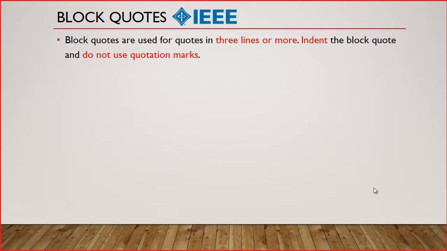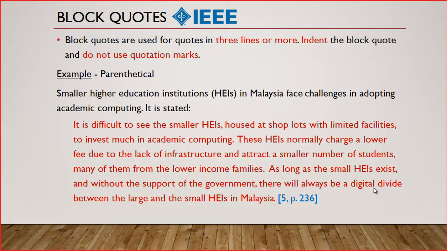Now for IEEE, the definition of block quotes is not using words, but it is 3 lines or more. Just now we had the regular quotes, 1 or 2 lines. Here, 3 lines or more. Now, the same example here. This is parenthetical.